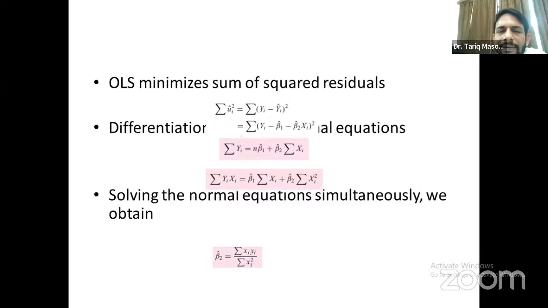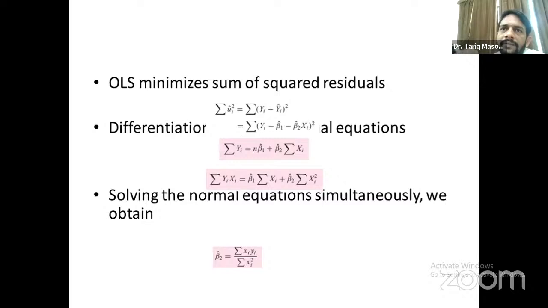OLS tries to minimize the sum of squared residuals, not the residuals. Why do we minimize the sum of squared residuals? There are reasons for that. There may be some extreme observations in the data, or some outliers. When we take the square of large values, it is even larger. The square of 2 is 4, the square of 6 is 36.